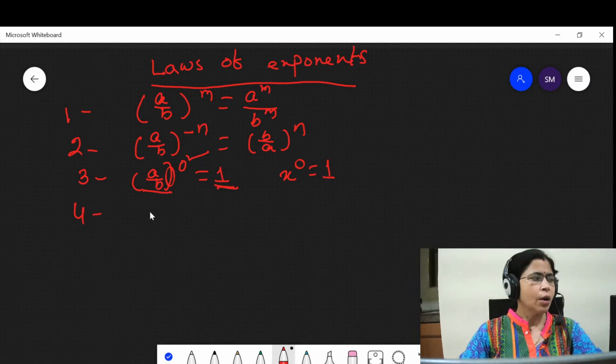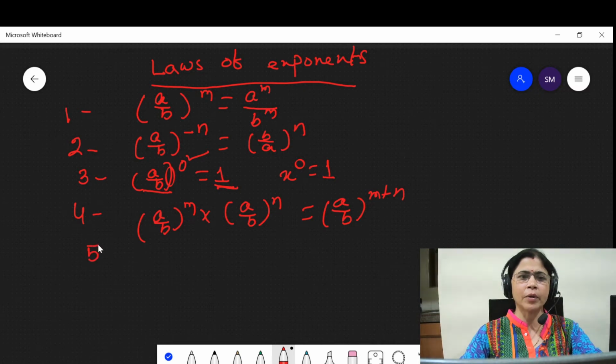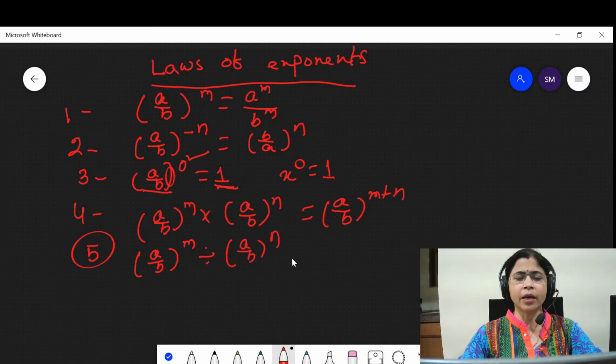Then the fourth law says (a/b) to the power m into (a/b) to the power n is equal to (a/b) to the power m plus n, because when we multiply, the exponents get added. Then when we divide (a/b) to the power m by (a/b) to the power n, the exponents get subtracted, which is equal to (a/b) to the power m minus n.